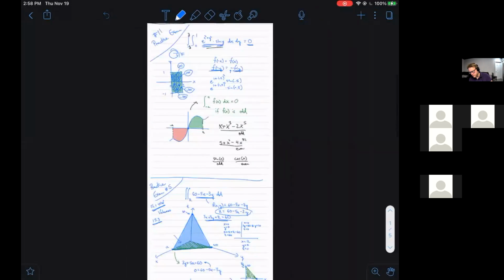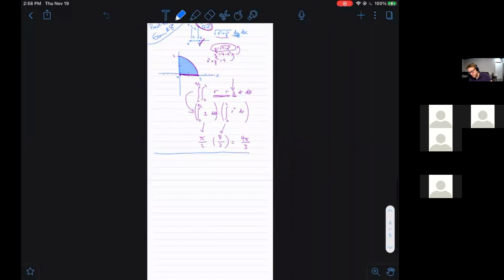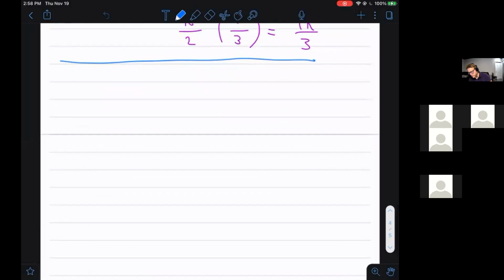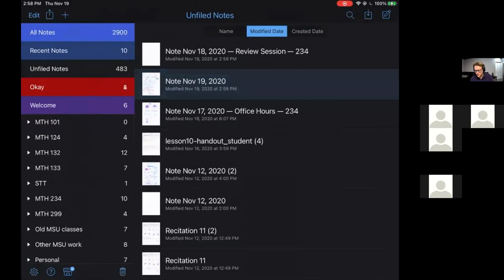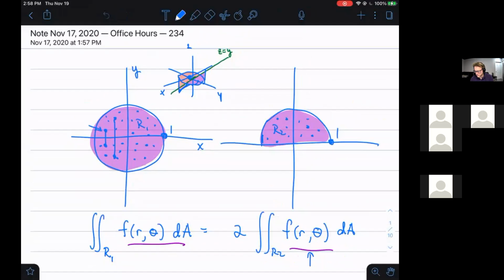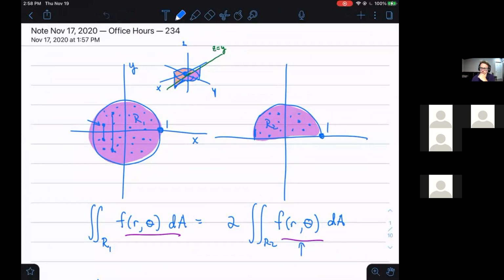Can I ask again about that quiz question? I'm sorry, I know I wasn't very specific last time. It was the true and false, where there were two regions, and one of them was a whole circle, one of them was a half circle. Yeah, this one, right? Yeah, this one.